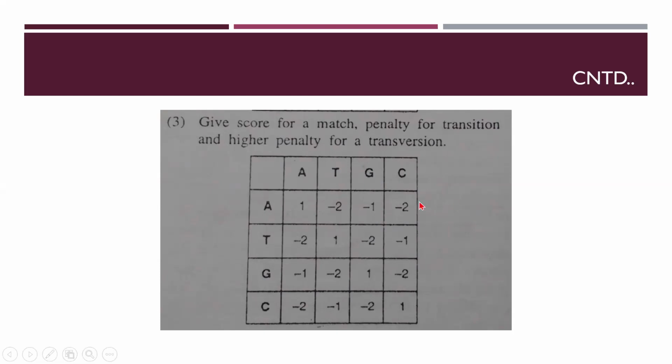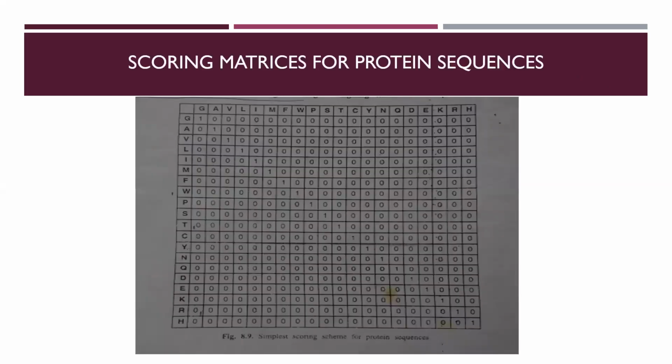I hope you understood. This scoring scheme differentiates transition and transversion, which are two different types of mismatches. If it is a transition, give less penalty, that means a less negative score. If it is a transversion, more penalty is introduced in the alignment. So these are all different scoring schemes which are used for nucleotide sequence alignment.